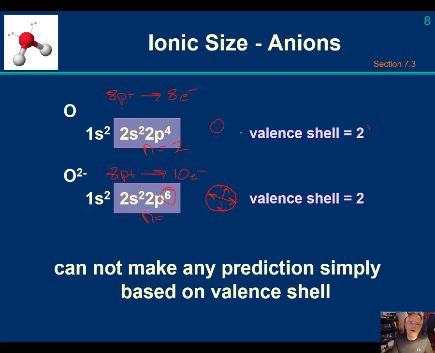So for anions, atoms are smaller and anions are larger. It's exactly the opposite of the way cations and their atoms are. Cations are smaller than their atoms, anions are larger than their atoms.